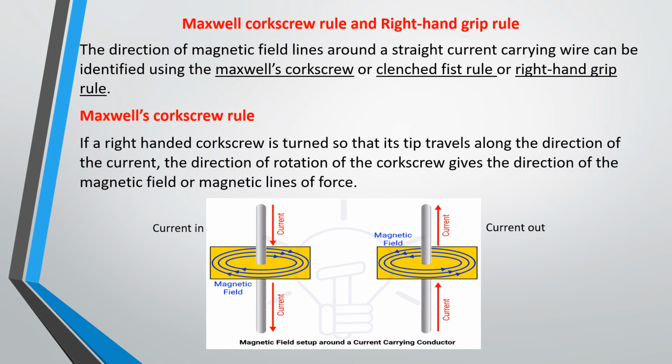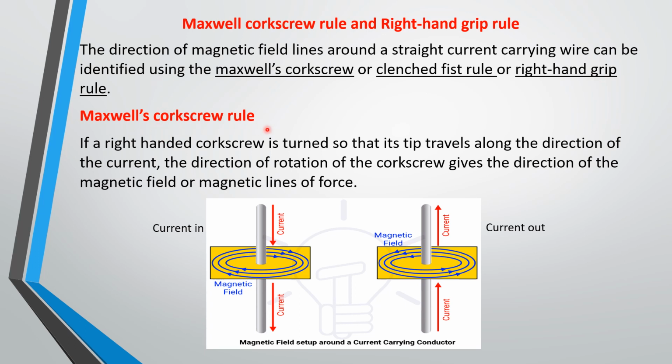The direction of magnetic field lines around a straight current carrying wire can be identified using the Maxwell Corkscrew or clenched fist rule or right hand grip rule.